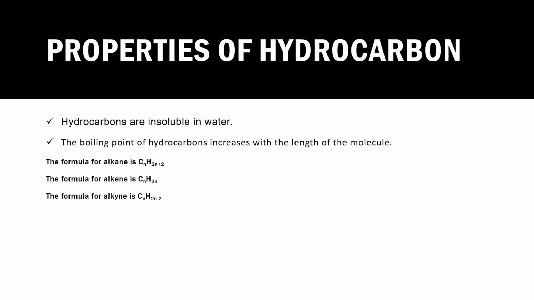So, properties of hydrocarbons. Hydrocarbons are insoluble in water. Take, for example, methane. What happens here? The electronegativities of carbon and hydrogen are quite similar. Therefore, there is no delta plus, delta minus polarity.